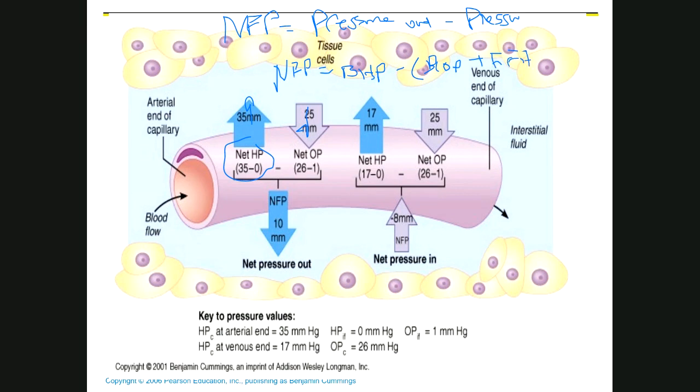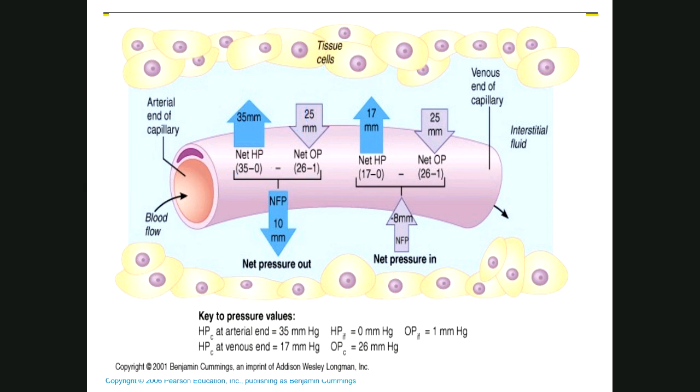We said that if that number is equal to 0, the fluid moving in both directions is exactly the same. If it's greater than 0, more fluid moves out. If it's less than 0, more fluid moves in. Everybody remember all that?